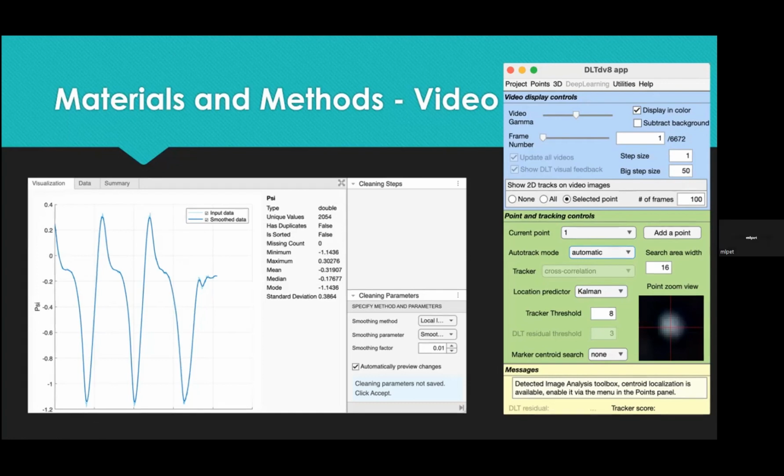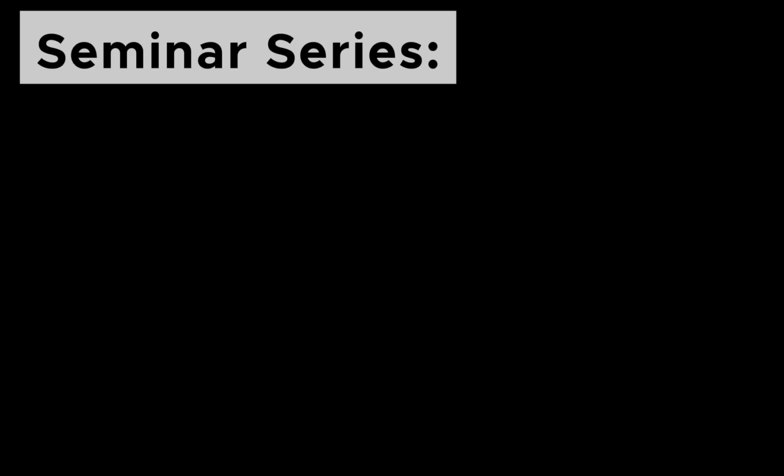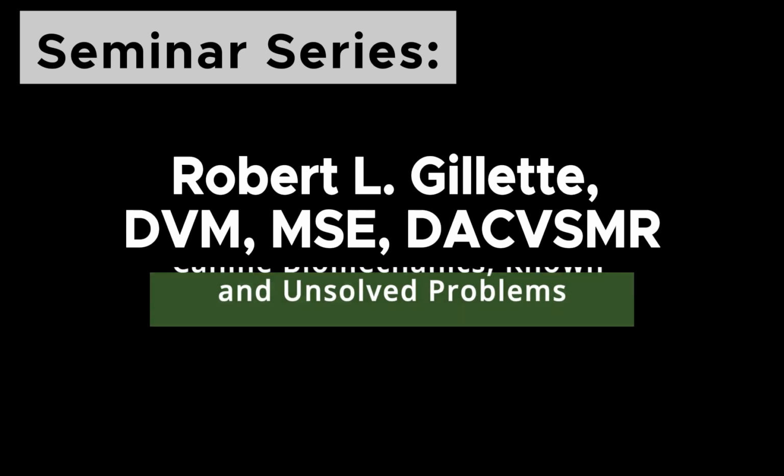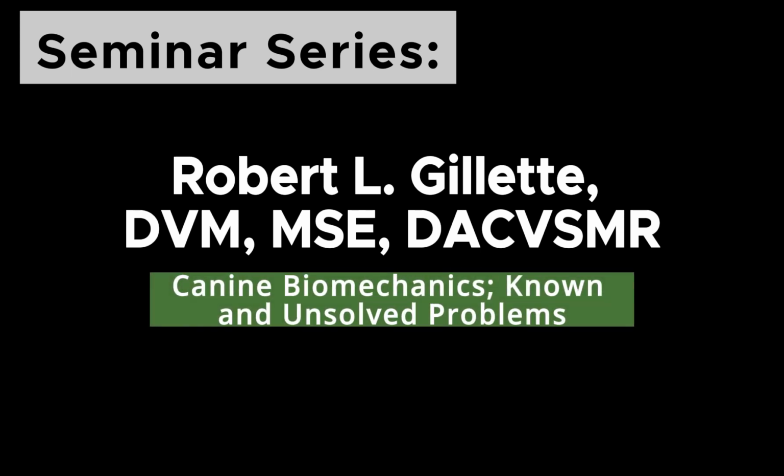Thanks, Daniel. So our next speaker is Rob Gillette. Rob received a veterinary degree in 1988 from Kansas State, but the reason we've got him here, because there's all kinds of veterinarians we could talk to, is that Rob did something a little different. He did a postdoc in kinesiology and a minor in exercise physiology at the Human Performance Program at University of Kansas, and got a master's of science education.